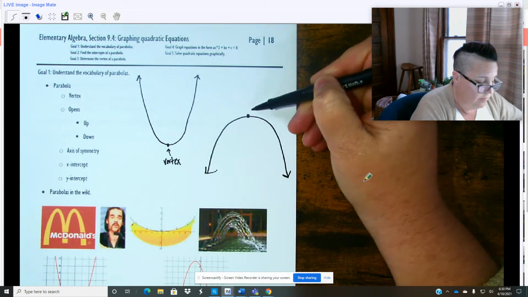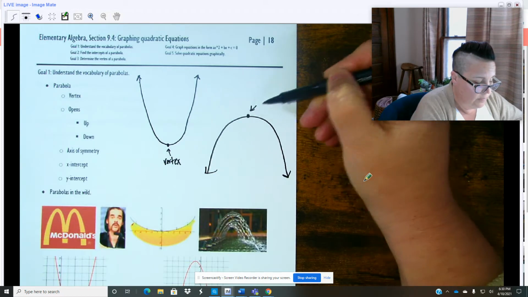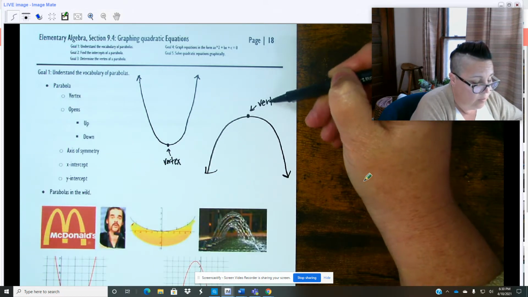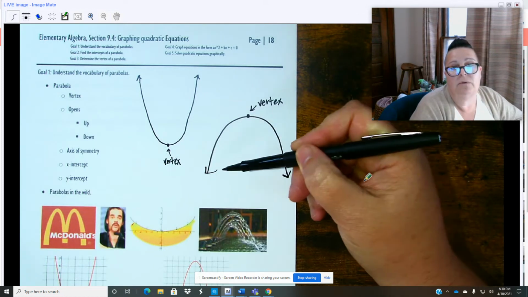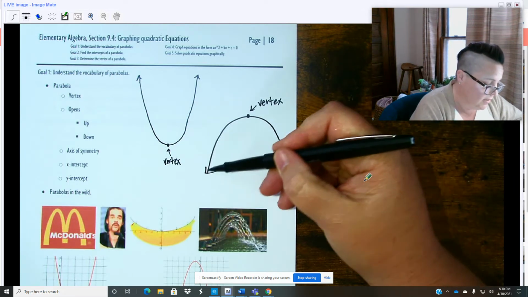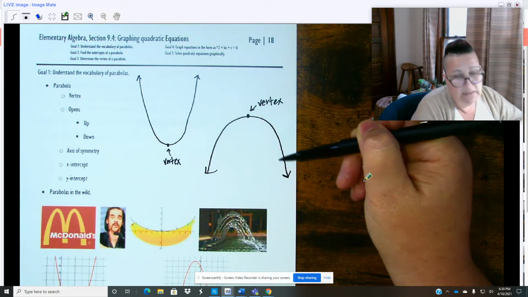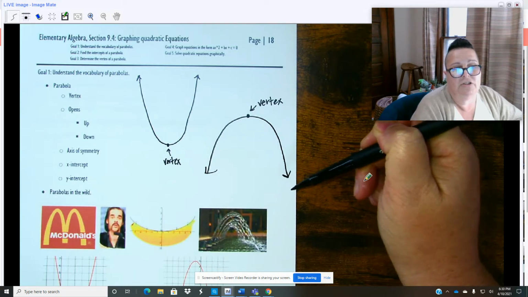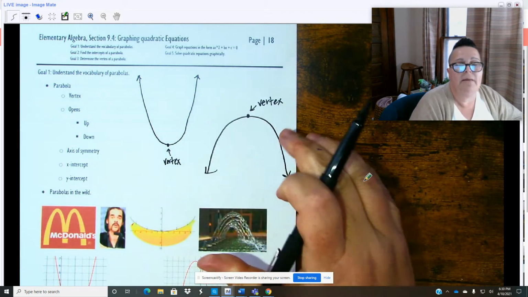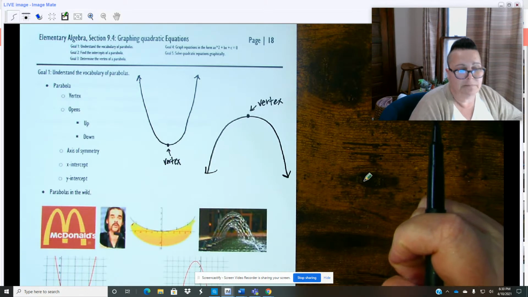They both have what's called a vertex, right? Because they both have a point or a placement at which they begin to switch direction. This particular parabola was going up, up, up, and then at some point it switches and it starts to go the other direction. So your parabolas can open up and they can open down.